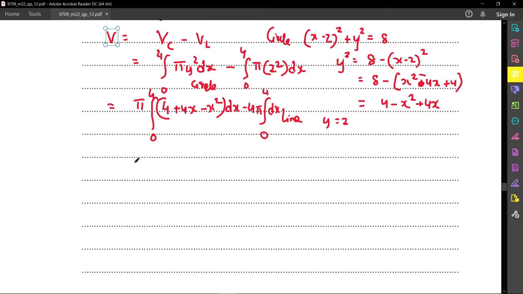So the integral of 4 is 4x, of 4x is 4x square by 2, minus x square integrates to x cube by 3, between 0 and 4, minus 4 pi times the integral of 1, which is x, between the limits 0 to 4.